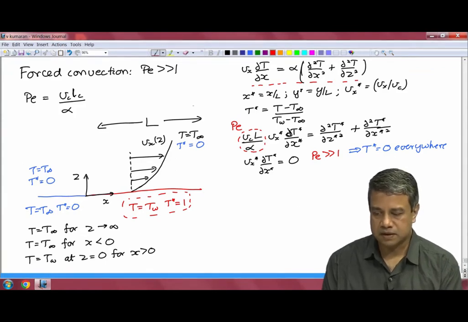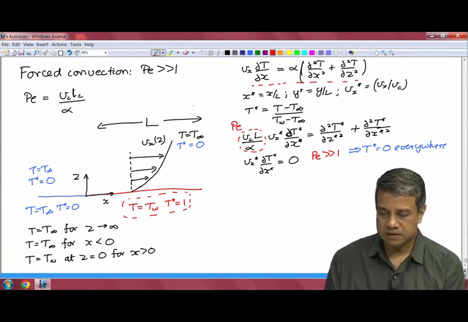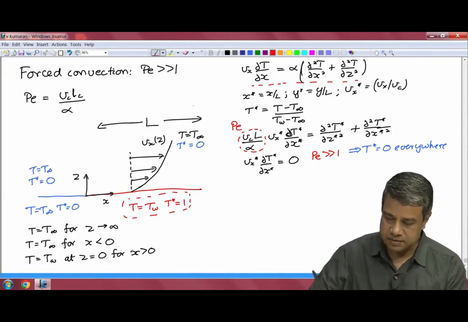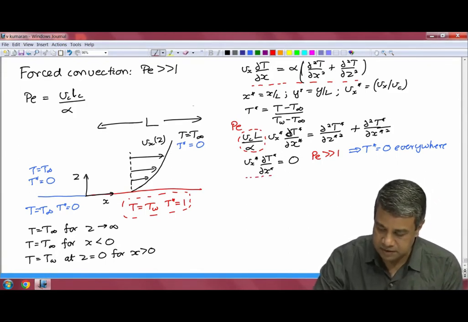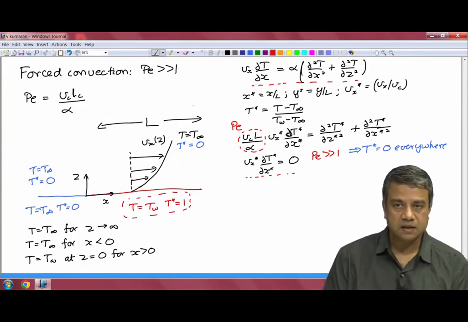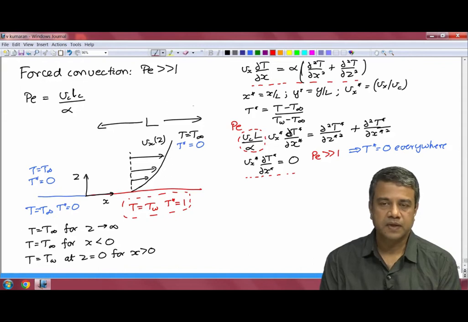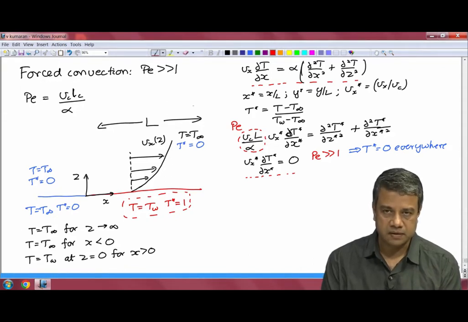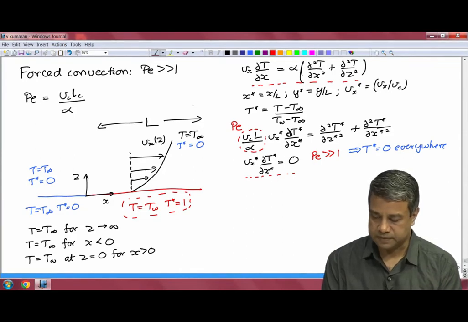Physically, the boundary condition is not satisfied, because when we neglected the diffusion terms, we have reduced the equation from a second order differential equation to a 0th order differential equation in the cross stream direction. In the direction perpendicular to the surface, we have reduced it from a second order to a 0th order differential equation. Therefore, you cannot satisfy the boundary conditions which were specified for the original problem, because it was a second order differential equation.